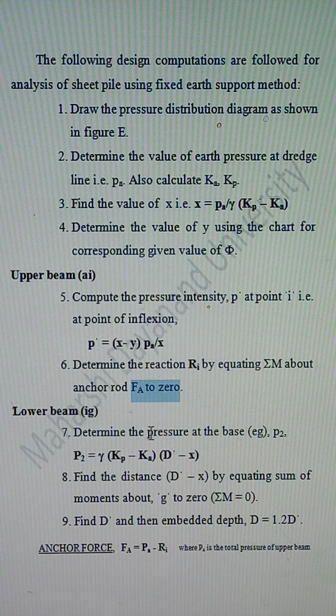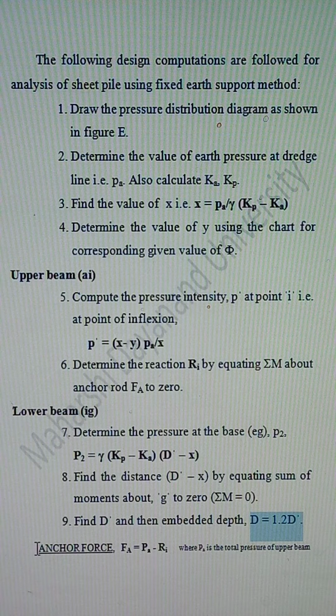Then for the lower beam, determine the pressure at the base, that is P2, using this formula. Then find the distance d dash minus x by equating the total sum of moments about G to 0. Then find d dash and then the embedded depth, d equal to 1.2 times d dash.